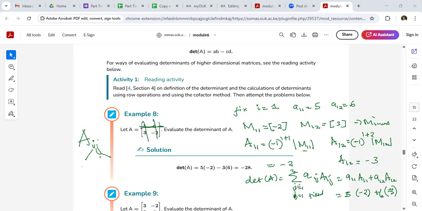You can see I'm varying j from 1 up to 2. i is fixed, meaning I'm writing a11 when j is 1 and a12 when j is 2, but i is fixed to be equal to 1. Is it clear? Oh, yes, i is row, j is column. Yes, always i represents the row, j will always represent the column. That is the standard notation when it comes to matrices.